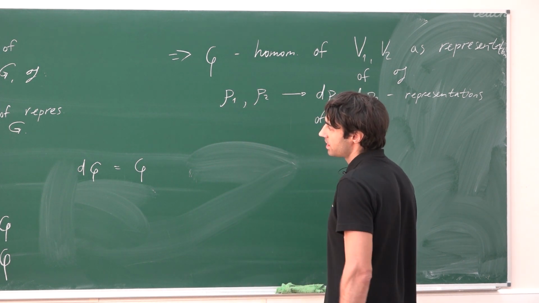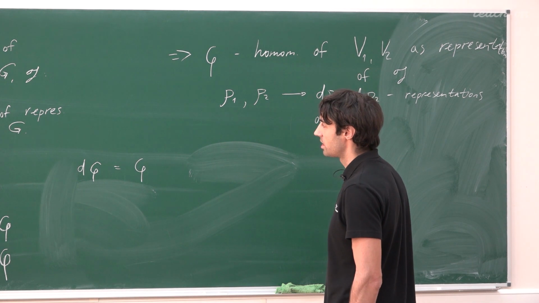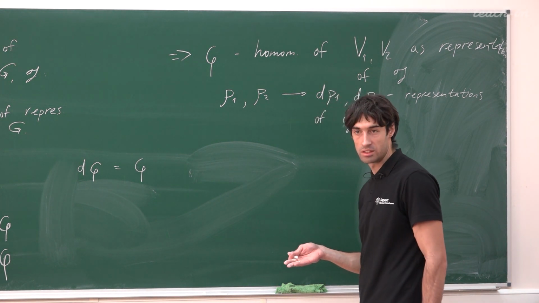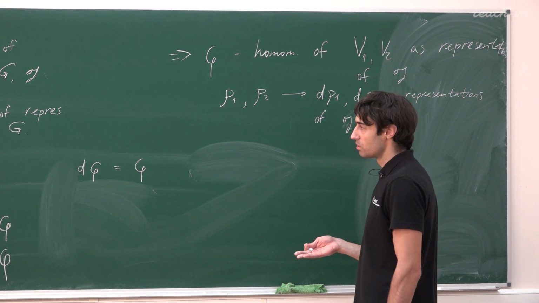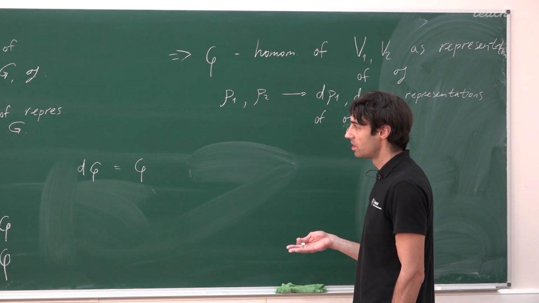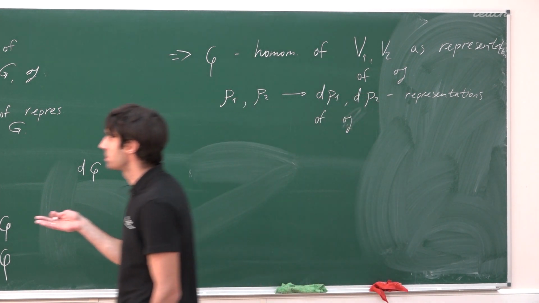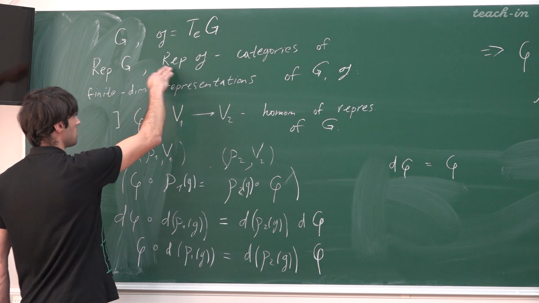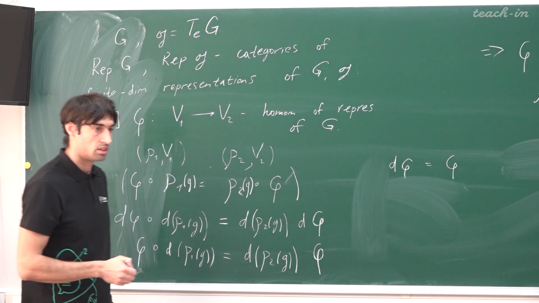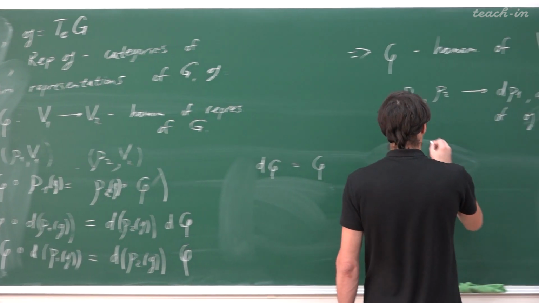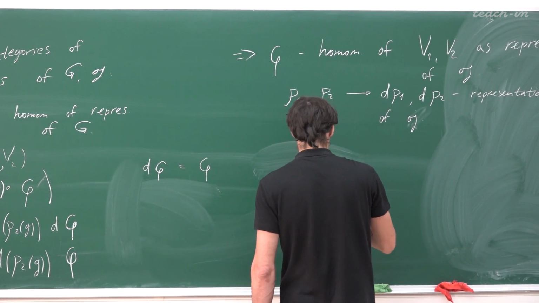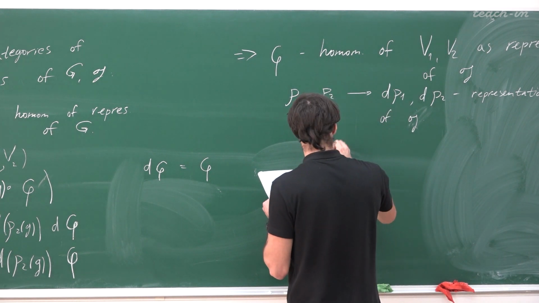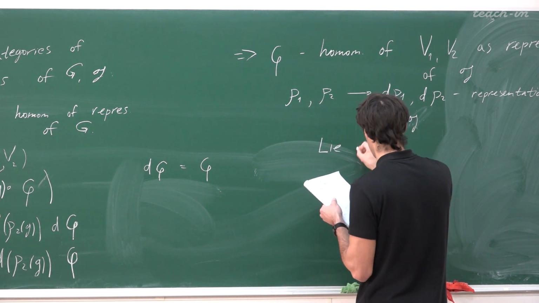So all that I need to state is that I actually have a functor, which for every representation goes from this category to this category. This functor is denoted as Lie in my notes, so let me keep it.